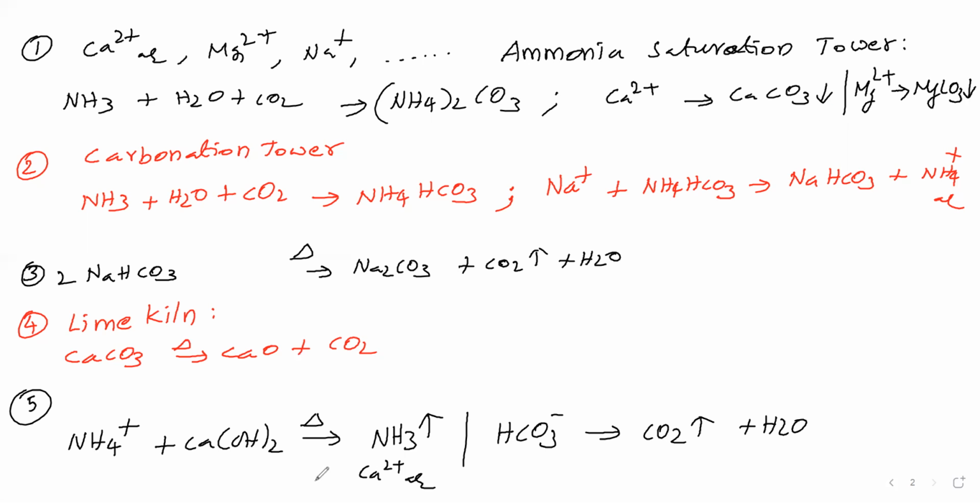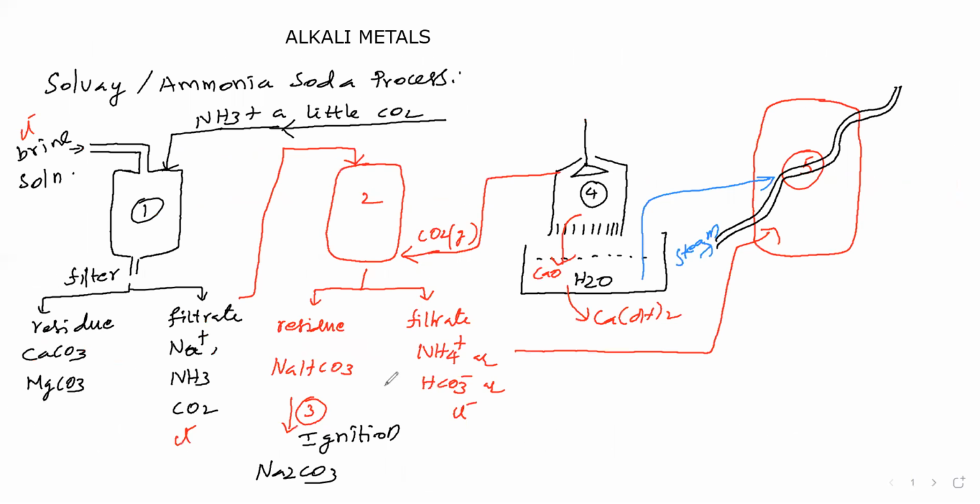So in this tower, let us see what we have got. First, in the first tower, we have passed ammonia. That ammonia came to this filtrate. This filtrate we have passed into the second tower, and that ammonia comes to this filtrate. The ammonium ions we have taken into this tower are converted into ammonia, which comes up, and that ammonia is passed into this place.